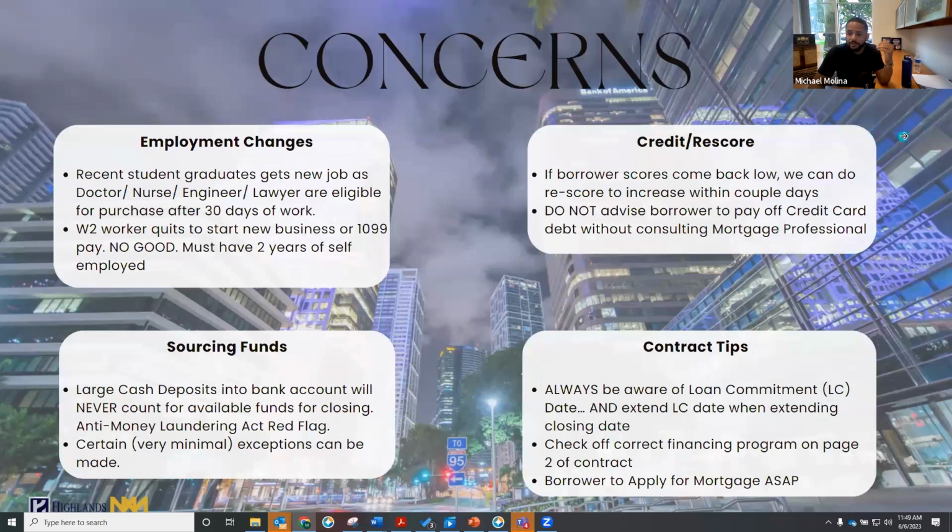We have been able to get the pre-approval with the offer letter, or go under contract with just an offer letter and close with only one pay stub, and sometimes no pay stubs, as long as we have that verification of employment. And then we'll ask the client for the pay stubs after closing.